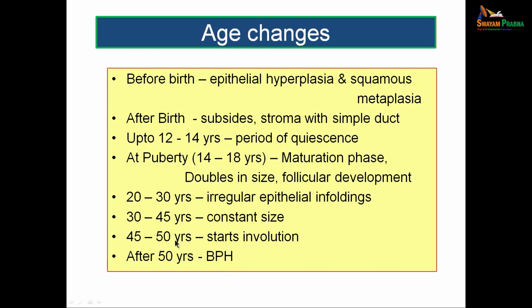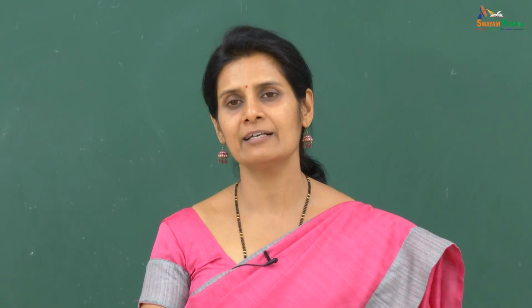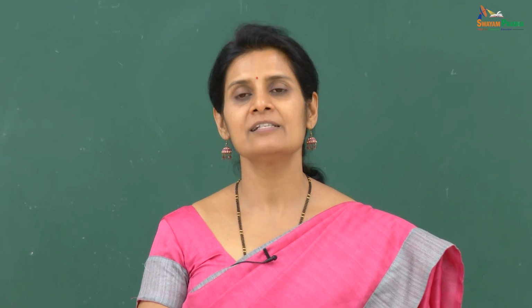Beyond 45 years, it starts involution, whereby the follicles become regular, the irregular epithelial infoldings will start regressing. So, you do not see much of the infoldings, follicular size becomes regular. And lastly, you find beyond 50 years of age, BPH becomes inevitable, that is benign prostatic hypertrophy, seen in elderly males.